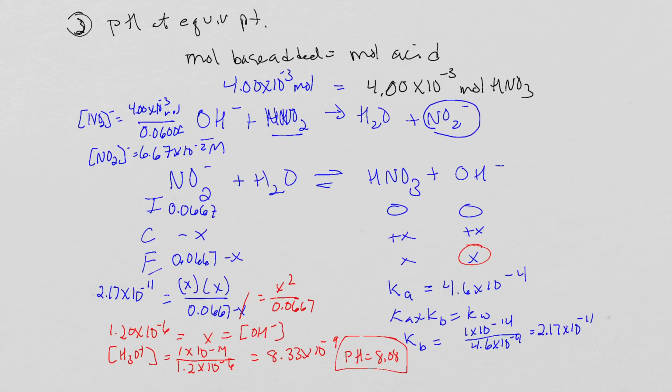If it's at the equivalence point, we can do it as a weak base, looking at the conjugate base of our acid, so we do a conjugate base ionization and solve for the pH that way. All right, so that should give you some problems to go on, but remember, these are just the same types of problems we've been doing, just with a little bit of a nuance here or there because they're part of a titration.